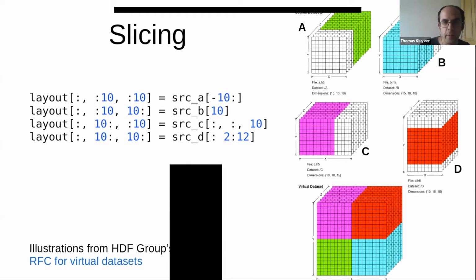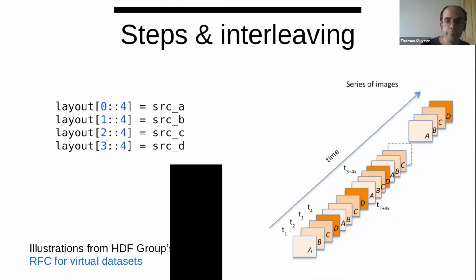And this is how you can do it all in Python. We're slicing in different ways on different dimensions, and also slicing into the layout object to assemble these pieces. And you also have a step argument which you can use to do this interleaving.